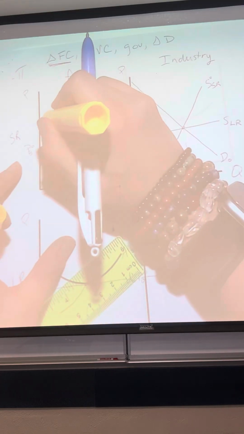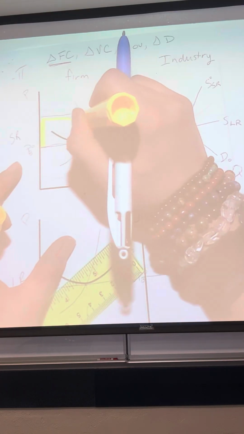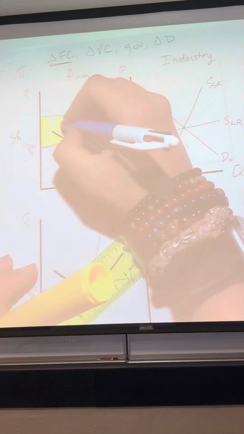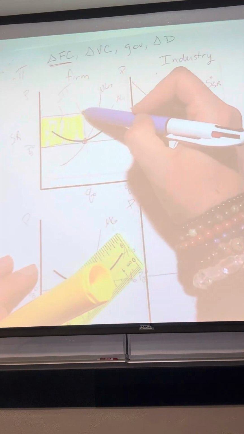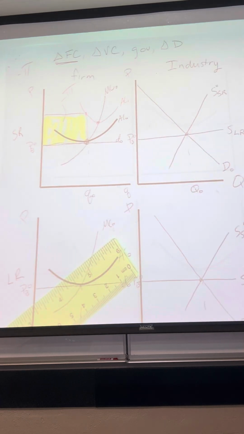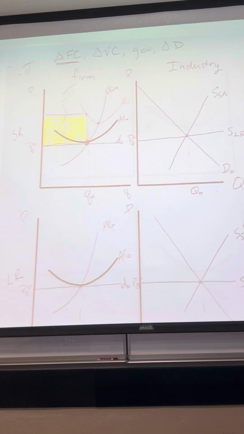I'm going to shade this in so it's super clear. As you can see, profit is negative, and profit's negative because cost is greater than price at the quantity traded. So that is going to incentivize exit.